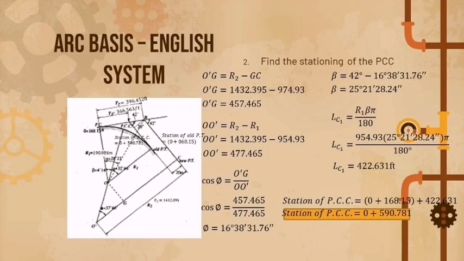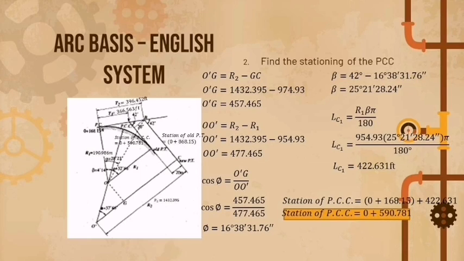And for the OO', it is the radius 2 minus the radius 1, and we will substitute the values, and we will get 477.465. So for the theta, cos theta equals OG over the value of OO'. So again, substitute the values, and we will get the answer of 16 degrees 38 minutes 31.76 seconds.